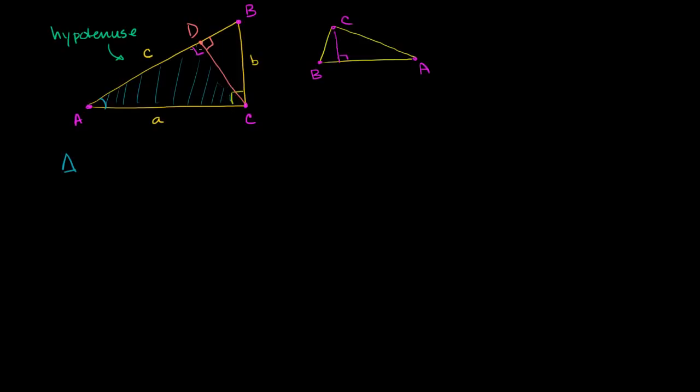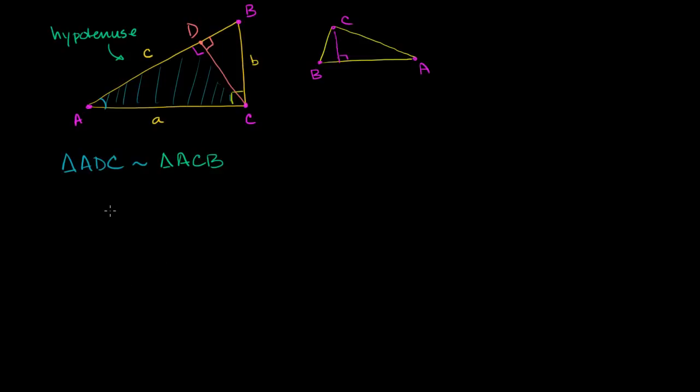So we can say triangle ADC is similar to triangle, once again, you want to start at the blue angle, A, then we went to the right angle, so we want to go to the right angle again, so it's ACB.